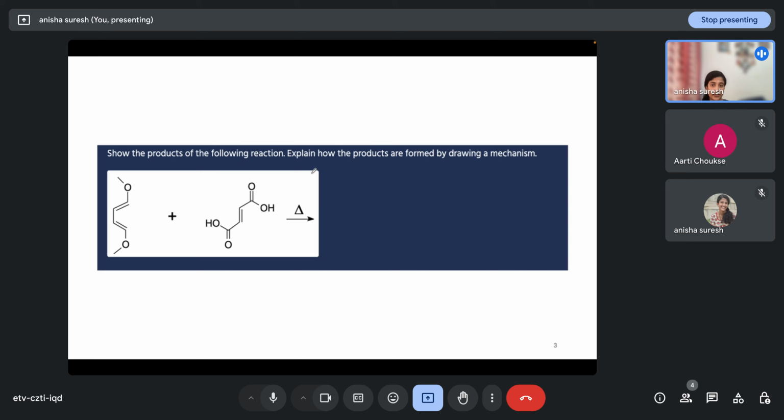Now coming to a question based on this: show the products of the following reaction. Explain how the products are formed by drawing a mechanism. So this is the diene and this is the dienophile.